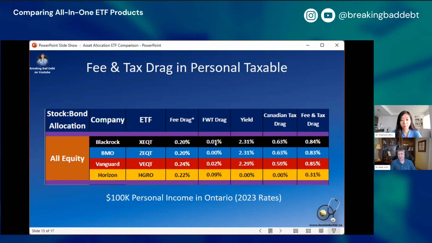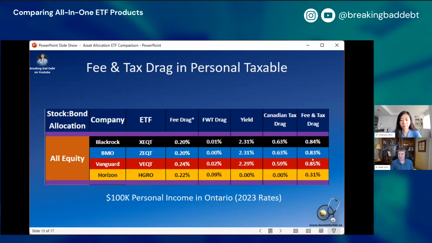Canada has tax treaties with most of the big developed countries so that they're able to get some of that back. The dividend yield, which is a mix of dividends and eligible dividends and interest, is about 2.3% a year. And I did this with $100,000 of Canadian income in Ontario, and that would have a tax drag of 0.6%. So the total is around 0.84, 0.85%.